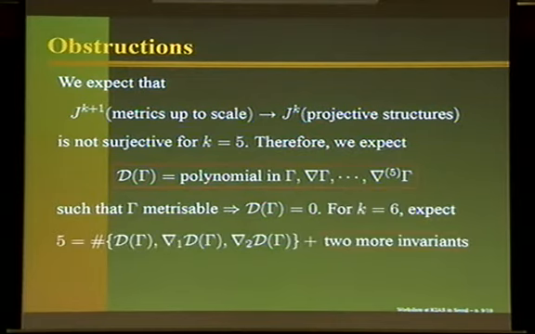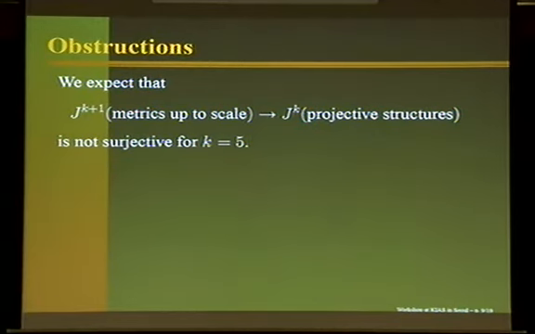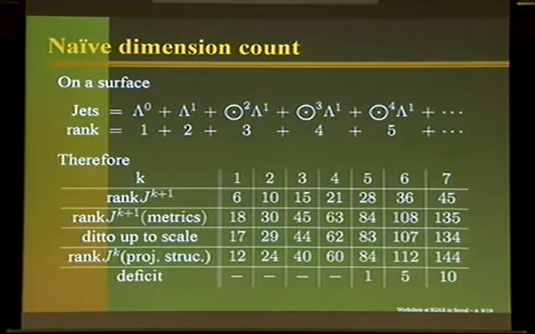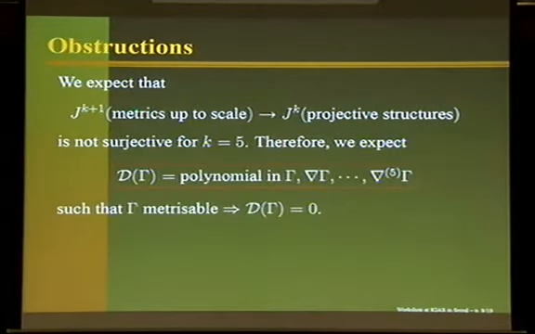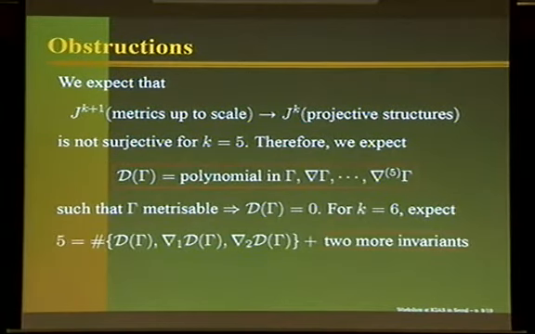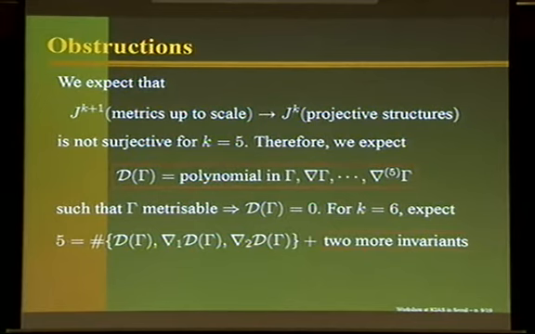And then at the next order, let's just go back to the table. At the next order, you expect a deficit of 5 here, and then 10. So let's just make a brief comment on those numbers. At the next order, 5, you expect the deficit to be 5, and you already have one obstruction here, and then you'll have its 2 derivatives at the next order, at 6th order.